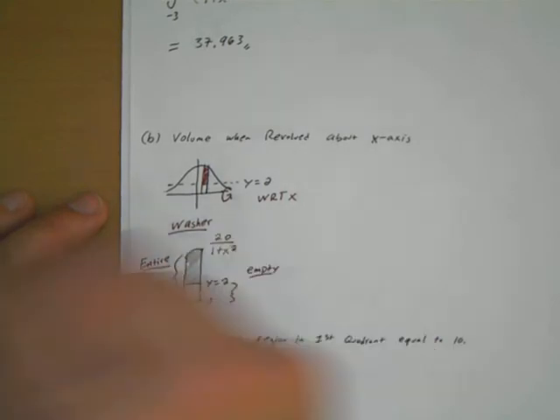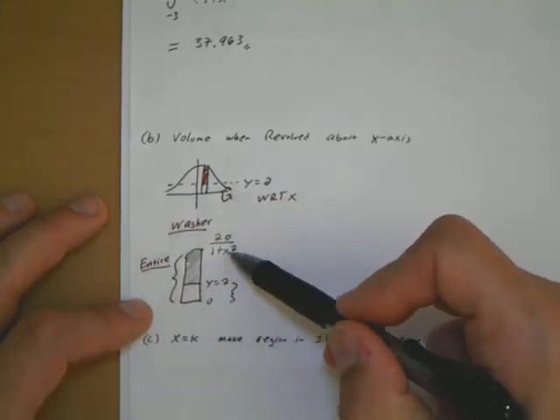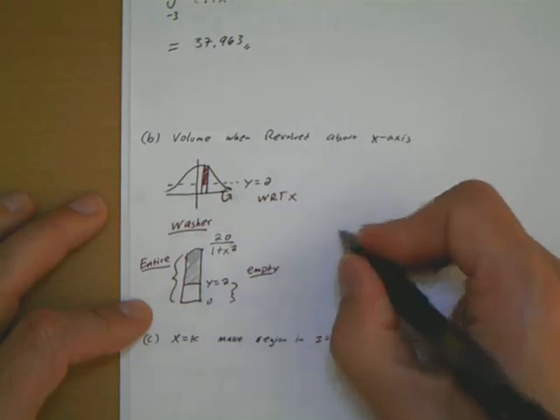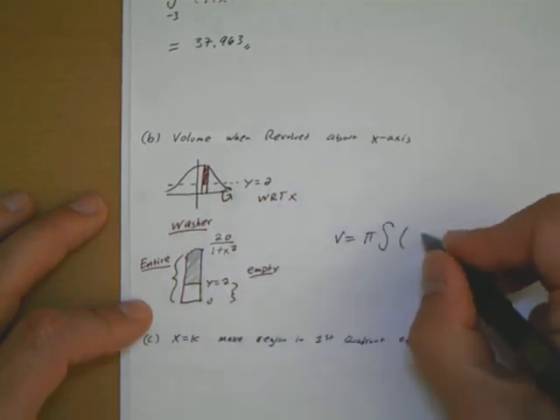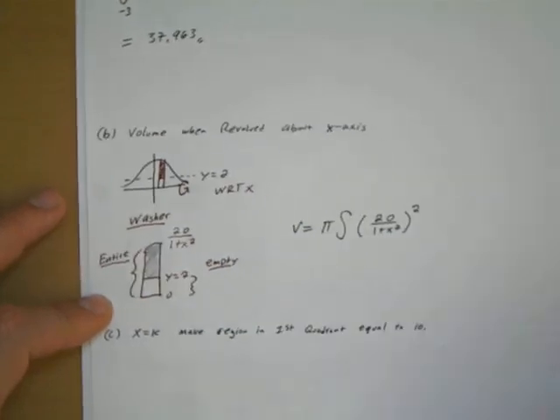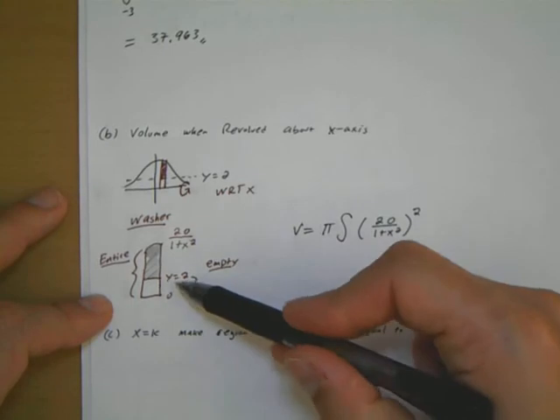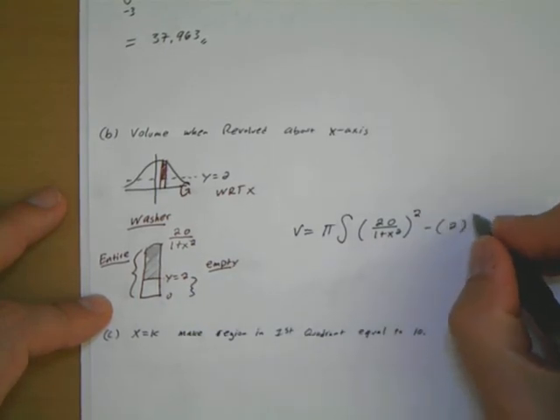The entire in this case is going to be 20 over 1 plus x squared minus 0. So the volume is going to be the integral of 20 over 1 plus x squared, squared. The empty is just going to be 2 minus 0, so it's just basically going to be minus 2 squared.